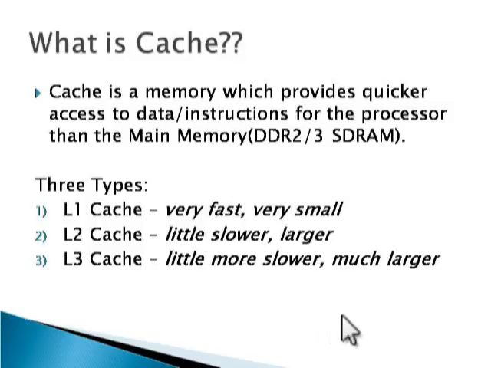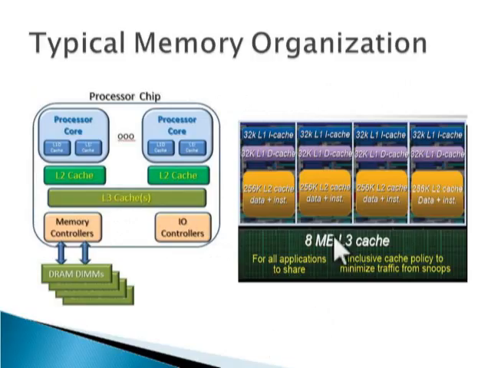In a typical multi-core processor system, the cache is usually organized into three layers: the L1 level, the L2 level, and the L3 level. The L1 is very close to the processor, whereas L3 is very close to the main memory module. This is a typical memory organization in a multi-core processor system.